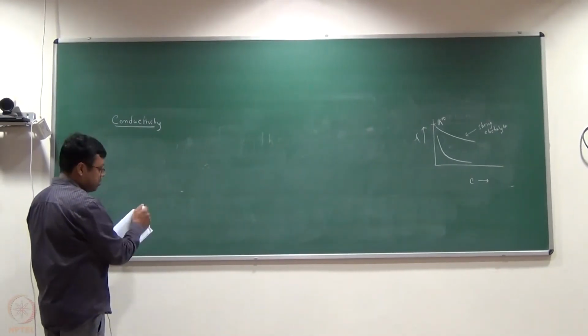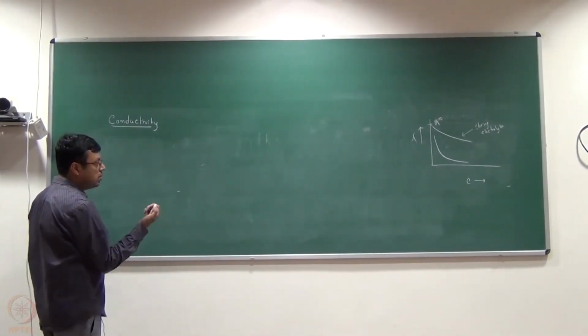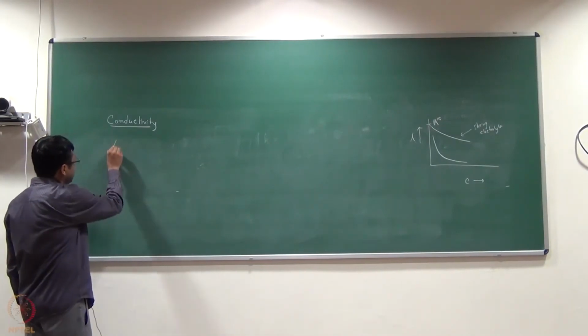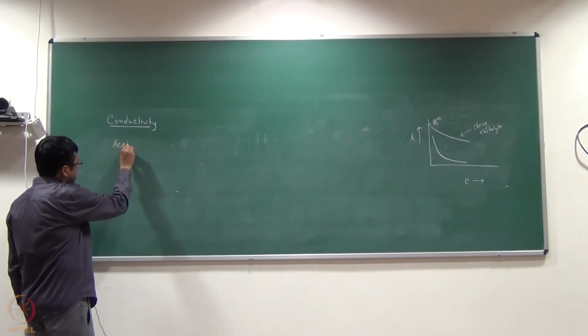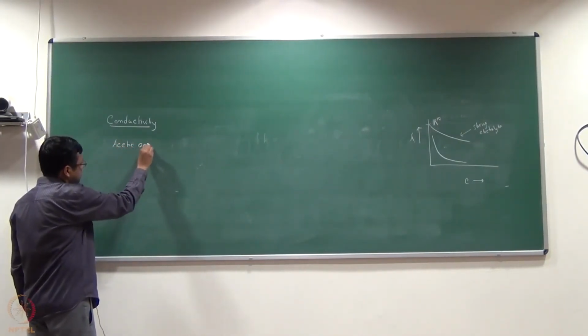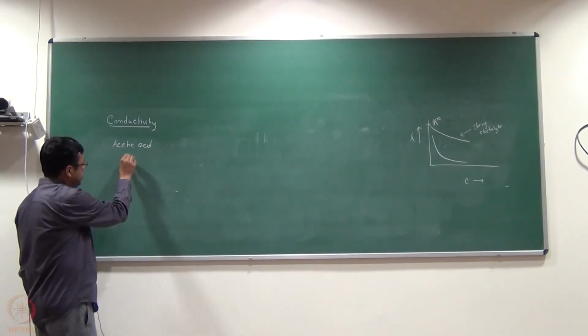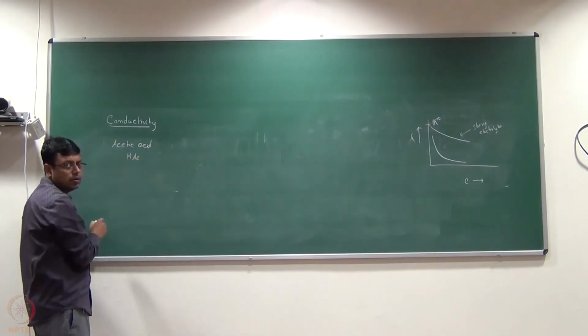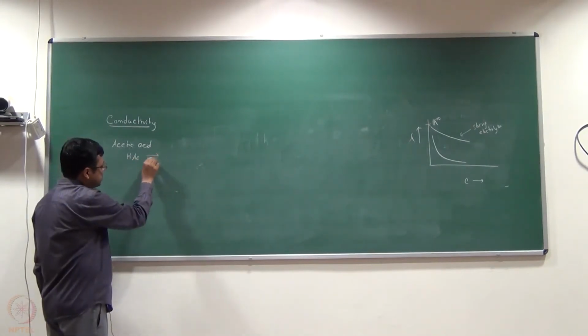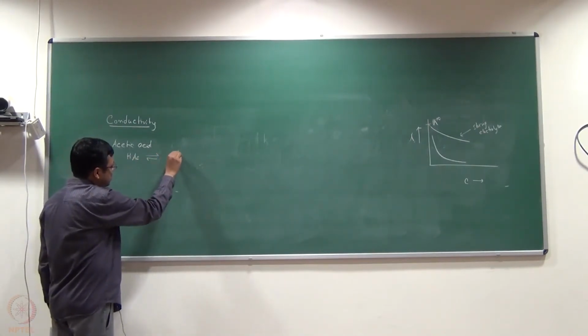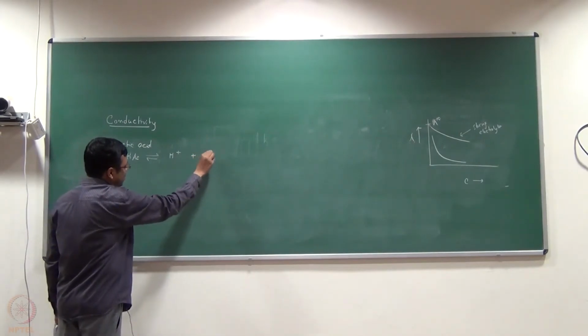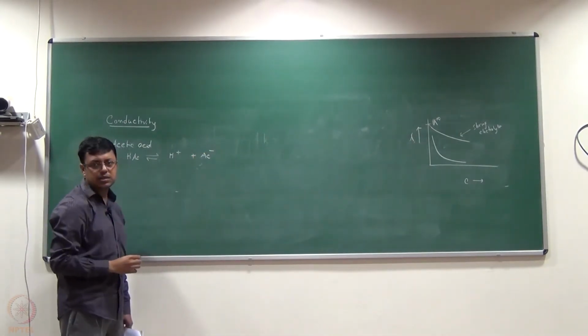Now I can consider, let's say, acetic acid. Acetic acid, usually I'm just writing it as HAc. So this is the acetate and this is the proton. Now HAc of course gets dissociated into H plus and Ac minus, right? And suppose the degree of dissociation is alpha.